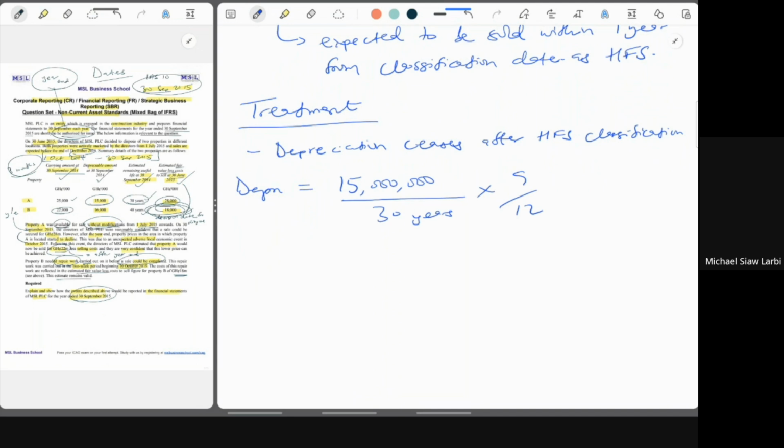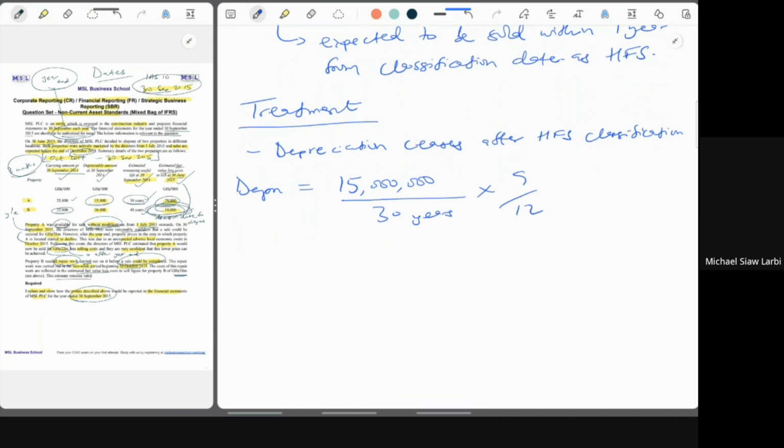So let me pull out my calculator and punch this out. So yes, this gives me 15 million divided by 30 years times 9/12. This gives me 375,000, right?